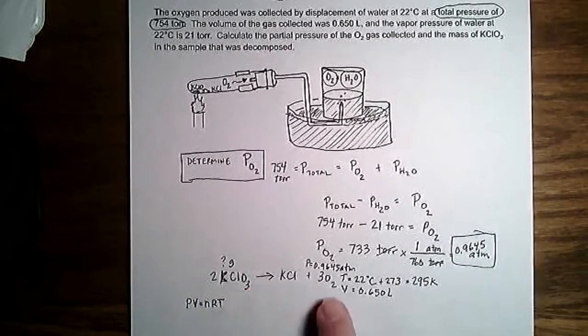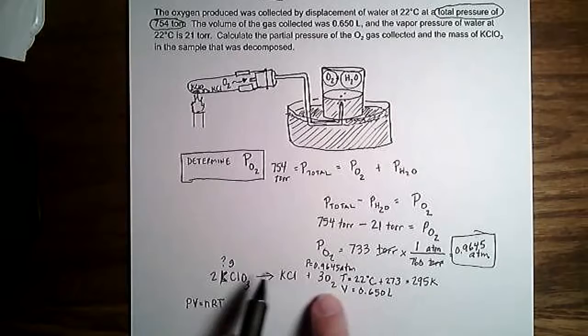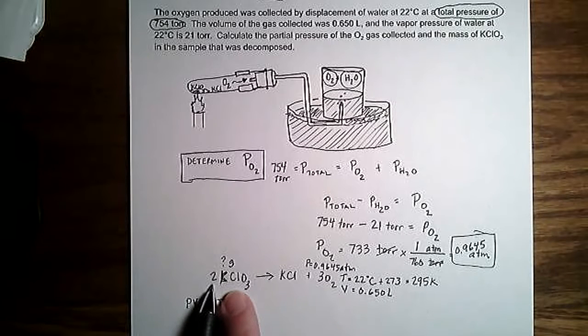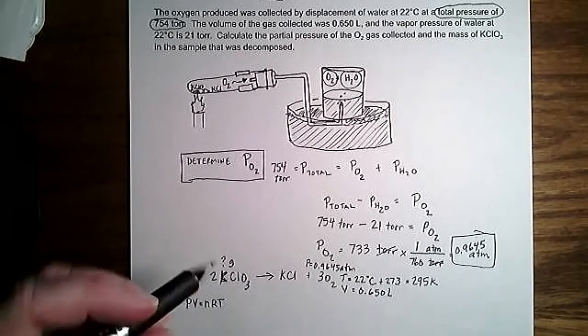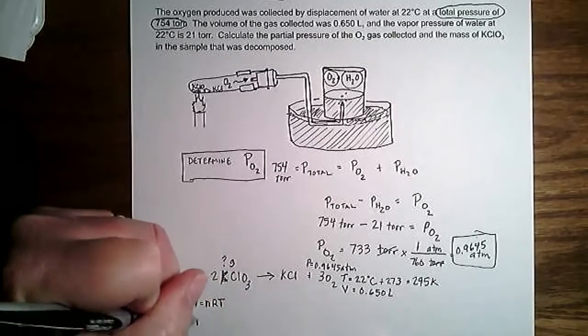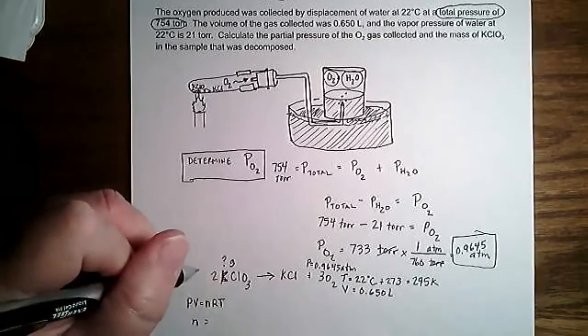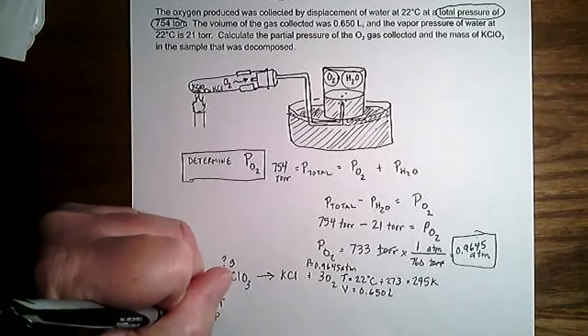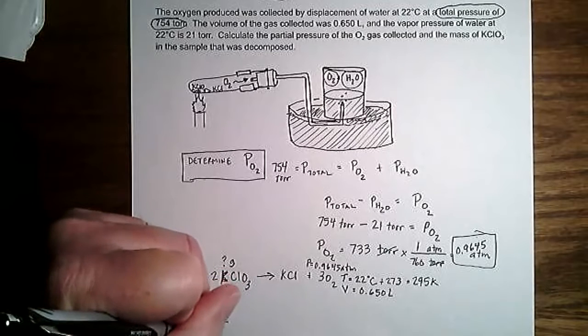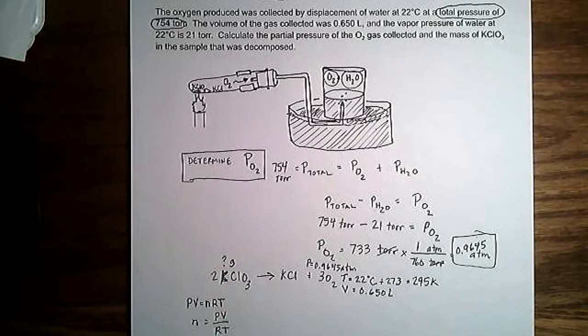I'm going to figure out how many moles of O2 that I have. Then that'll allow me to use the moles of O2 to convert to moles of KClO3. This is stoichiometry. So I'm going to solve this for n. And if I do that, that would give me PV over RT if I'm going to solve for n. So n is going to equal PV over RT.